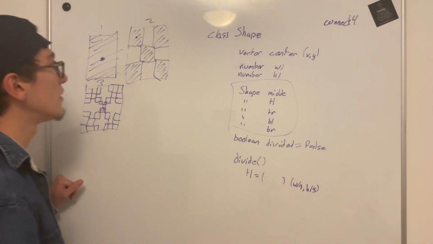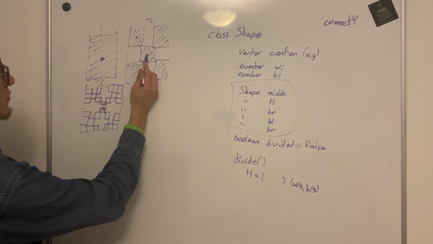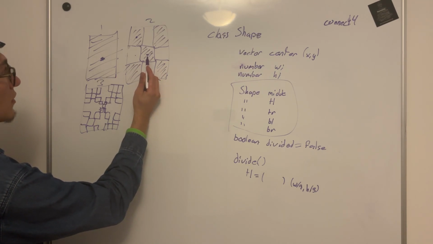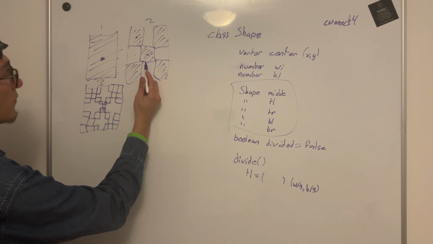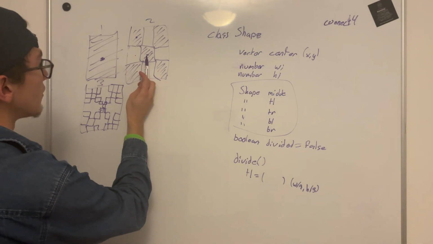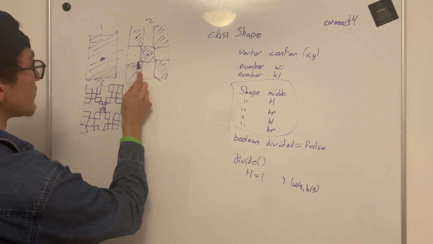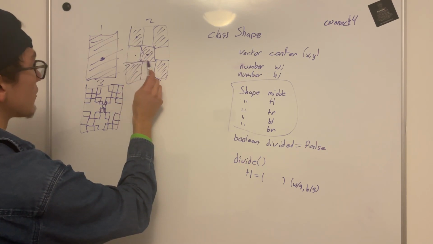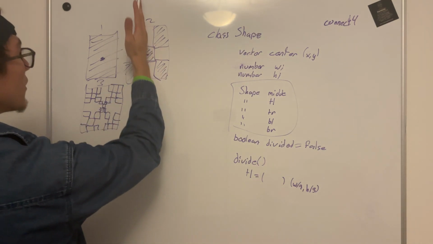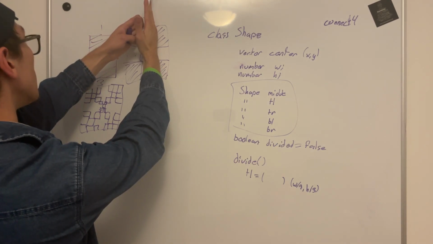And for the center, so this is the current center, it should be divided by 2, divided by 2 again. If I divide by 3, there's going to be this in the middle. The middle is going to be the line.